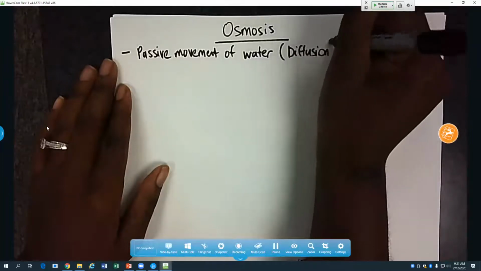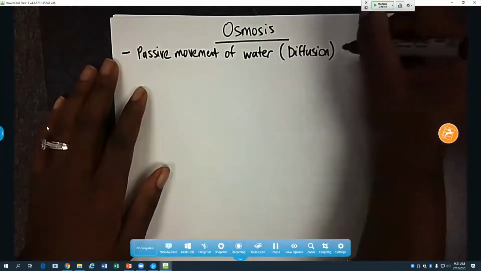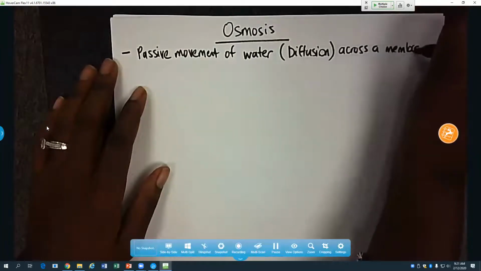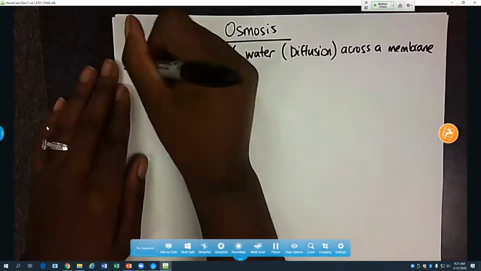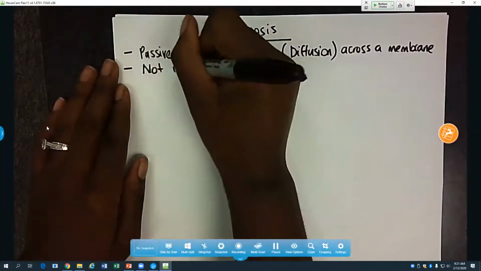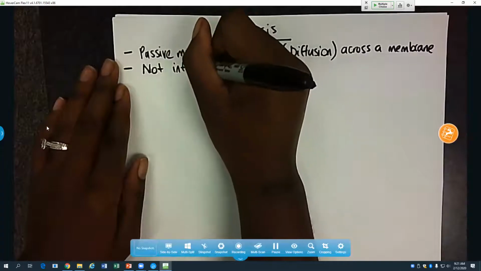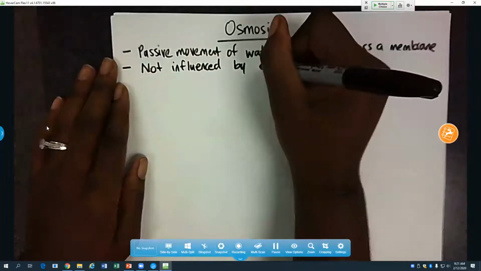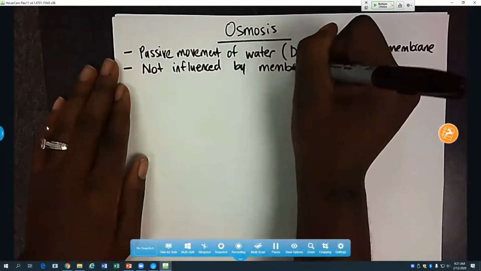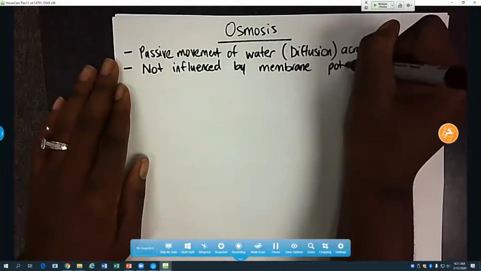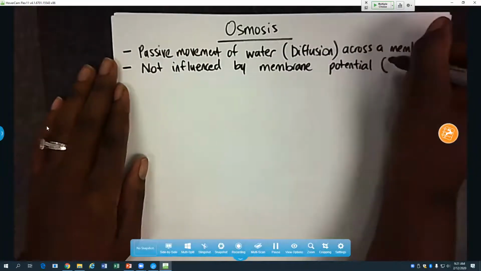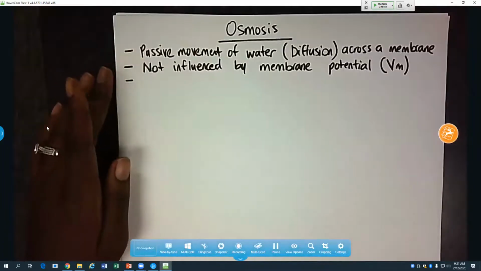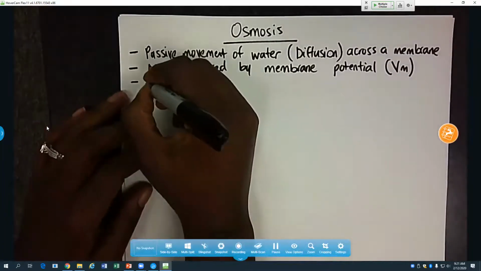Remember, diffusion is a passive movement across a membrane. We said that it is not influenced by the charge on the particles or the polarity of the cell, not influenced by the membrane potential. And water is moving from its high concentration to low concentration.